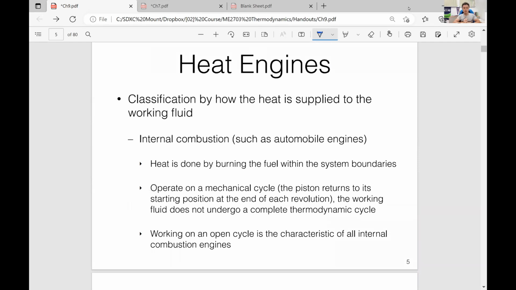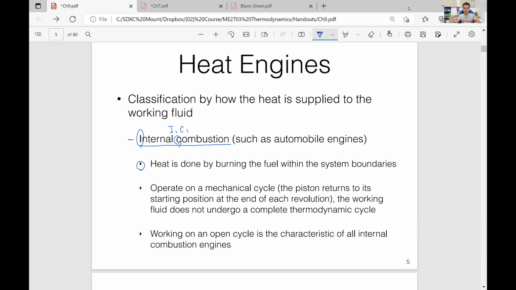Heat engines can be classified by how the heat is supplied to the working fluid. So we have the so-called internal combustion engine, or IC engine. IC engines are internal combustion engines, so that means the combustion happens inside the system. Heat is provided by burning the fuel within the system boundaries.